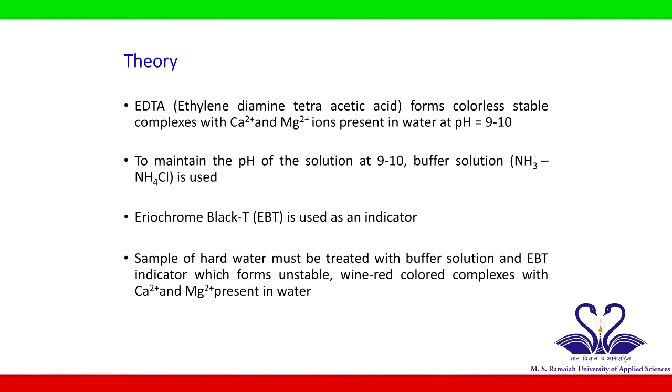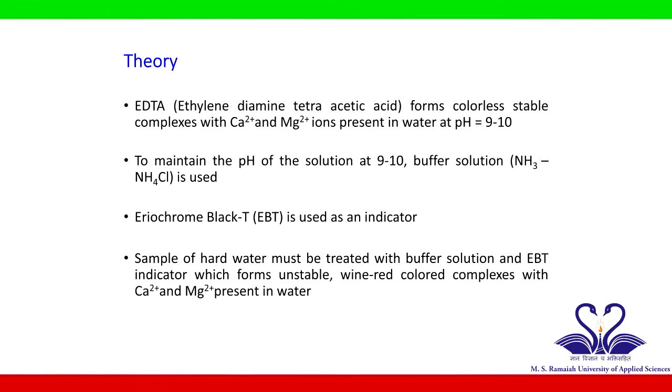Now, let me explain the theory behind this titration. Ethylene diamine tetraacetic acid, which is commonly known as EDTA, forms colorless stable complexes with Ca2+ and Mg2+ ions present in water at pH 9 to 10.